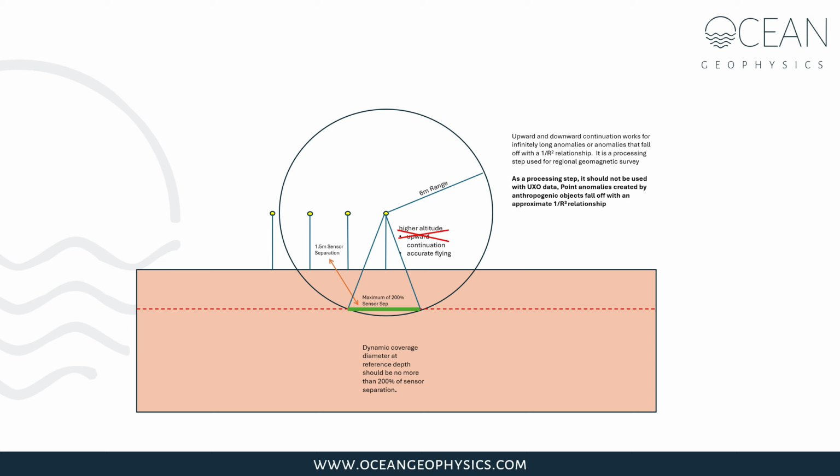Sarah-Lee Sunderhay and Jack Brickhouse did a presentation at Oceanology 2024, where they showed that downward and upward continuation should never be used in UXO survey data outside of about 25% of the survey altitude. So if your survey altitude is 2 meters, you can upward and downward continue 0.5 meter.